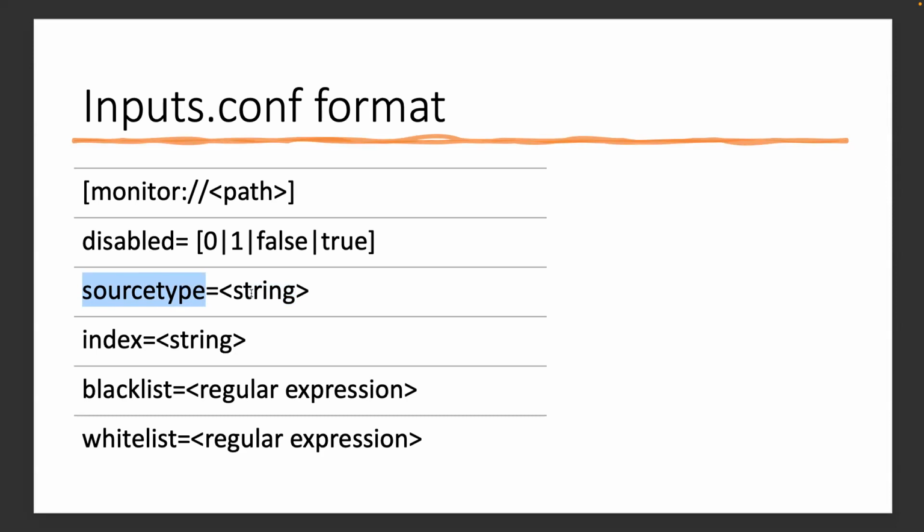It would look at the data, and if you don't list a source type, it would look at the data type and understand, I know this format, this is what it should be. It would give the data a source type from its own understanding, meaning if you don't give it one. But if you are sure of the source type, it's better you tell it.